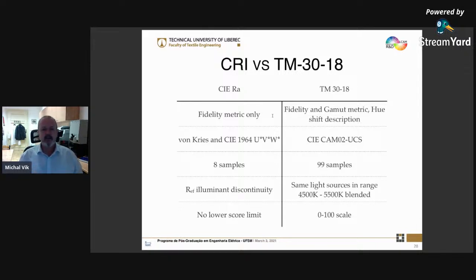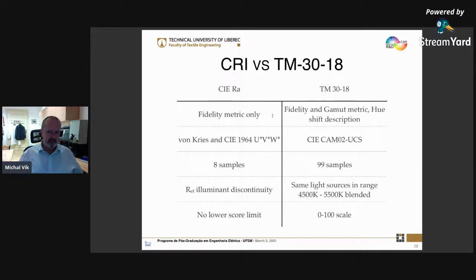Then another difference is the use of a uniform color system. As I mentioned, the color rendering index is based on the CIE 1960 UCS uniform color space from the 60s of the 20th century and von Kries adaptation.